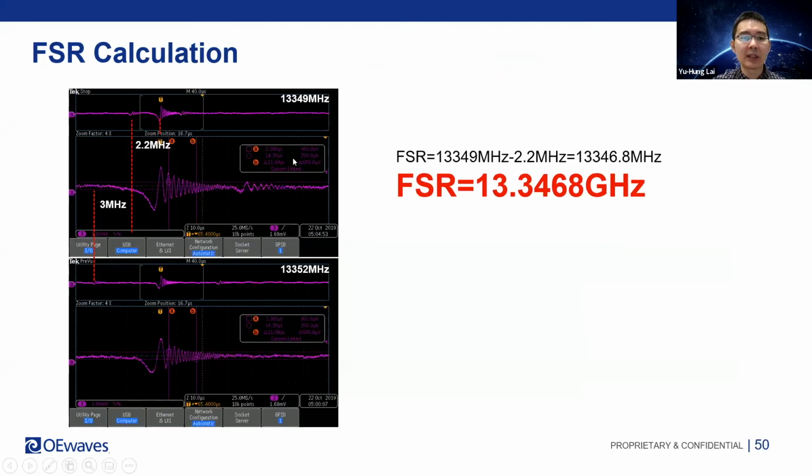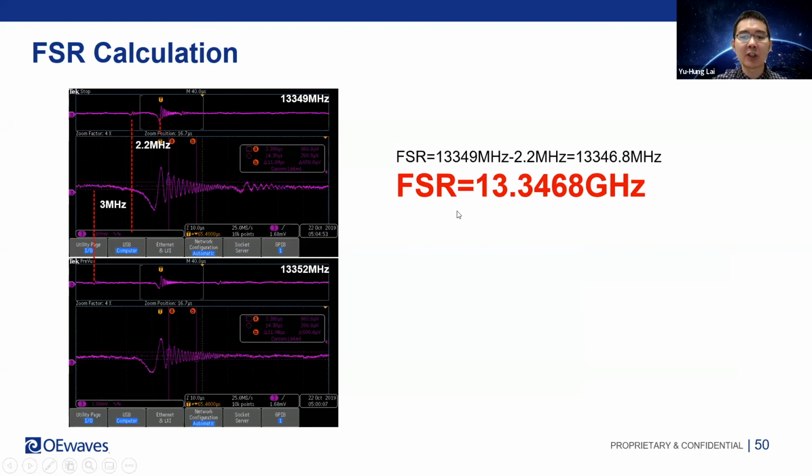Here, for example, this is our FSR measurement. We can see this mode is extended due to interference, by the ringdown spectroscopy. We slightly shifted away our sideband to measure the frequency difference between the two.